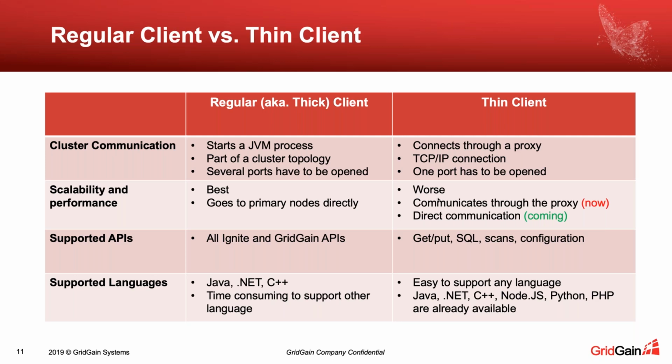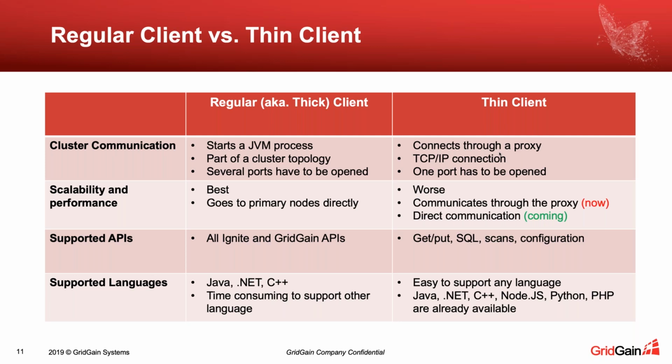Now, as long as we are talking about the thin clients, what's the major difference? First of all, as we already know, the thin client is a lightweight socket-based protocol when you're connecting through a TCP/IP connection to one of your cluster nodes. And that server node will become your proxy. So all of the communication goes through that proxy, at least in the current version of Node.js or any other thin client.